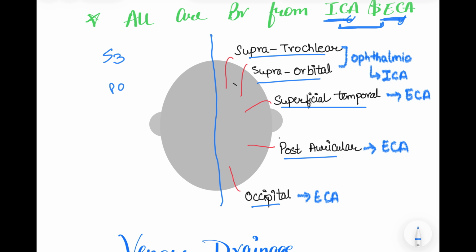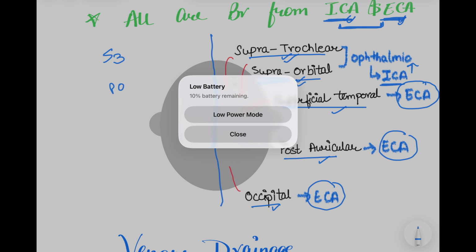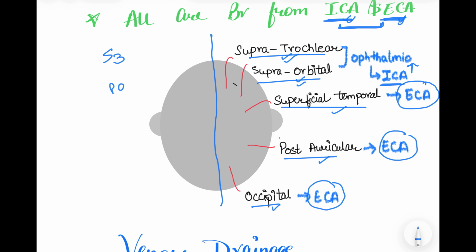Out of these 5, first 2, that is supratrochlear and supraorbital, they are the branch of internal carotid. Which branch of internal carotid? Ophthalmic branch of internal carotid. Rest all the 3 are the branches from your external carotid artery. So a beautiful anastomosis is seen between your internal carotid and external carotid.